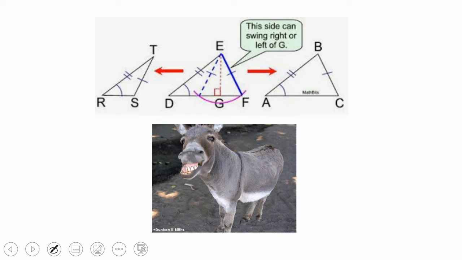One thing that occasionally comes up as you go more in depth here, we don't do it as much in this course, is when you're given a side and an angle, there is potential for two different triangles based on the angle and the given information. The reason why is this side could be like that, or this side could shift over here, and you still would have the same two sides and that angle.